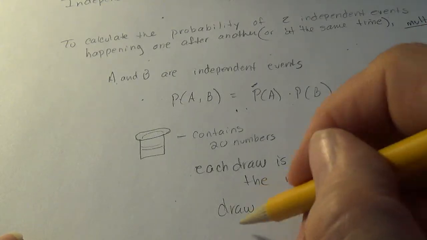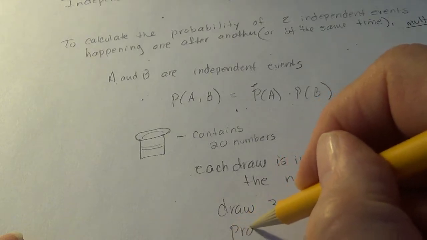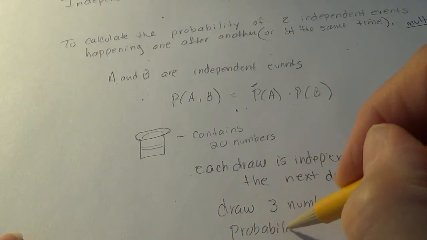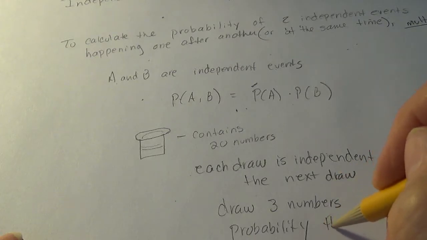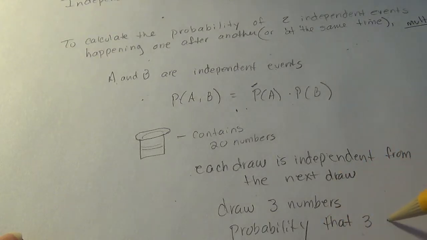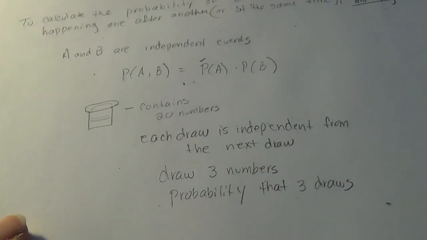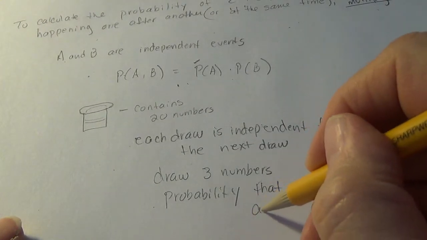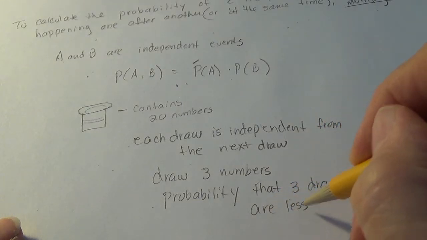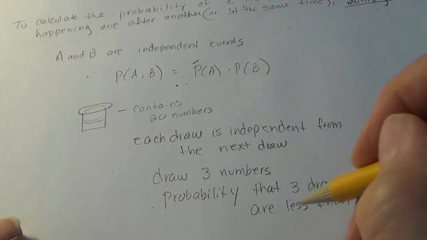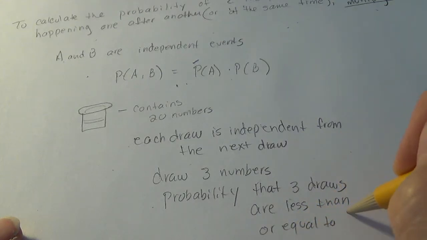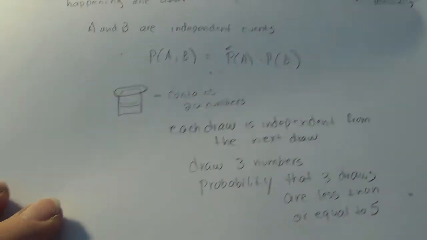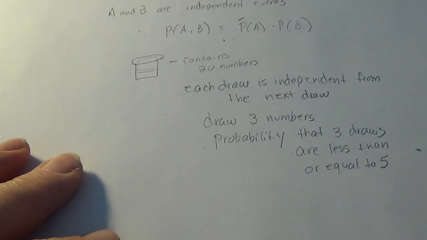What's the probability that 3 draws are less than or equal to 5?